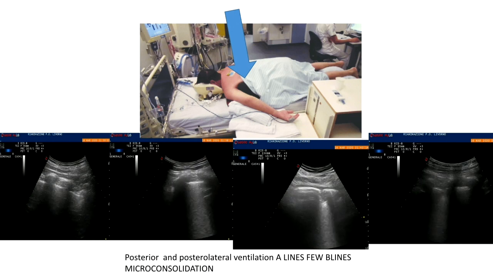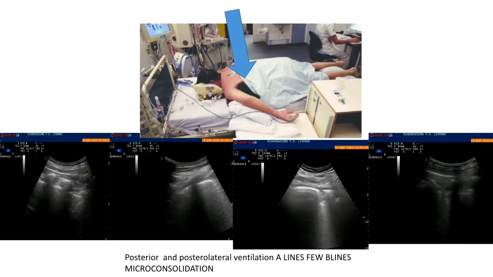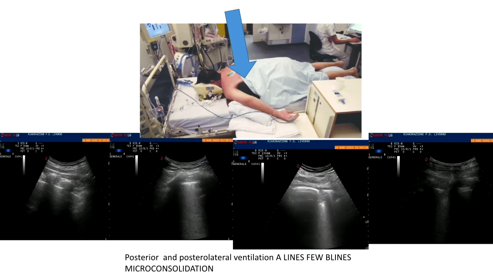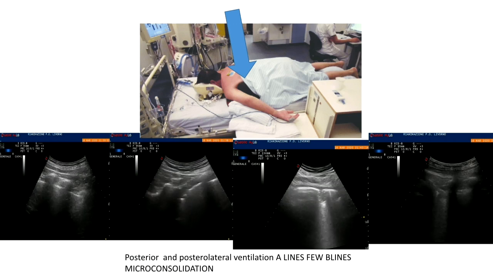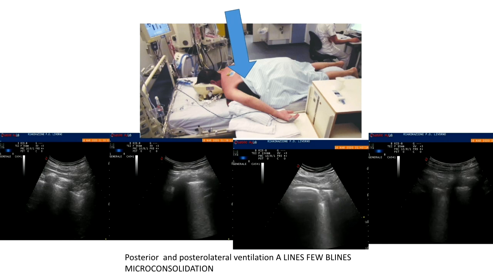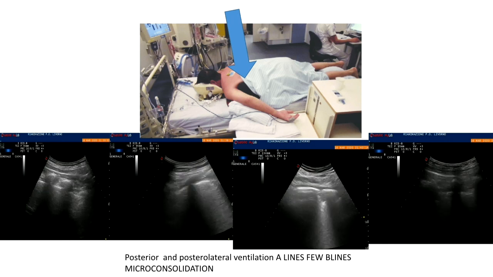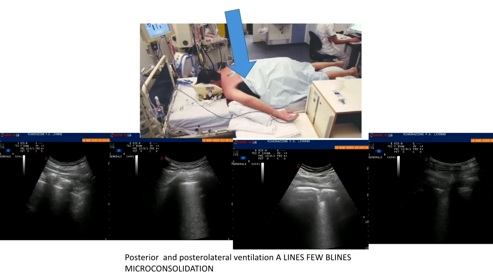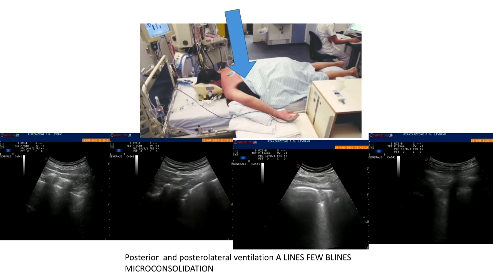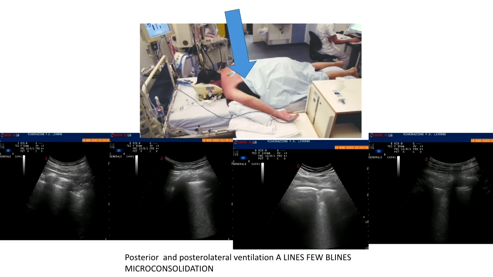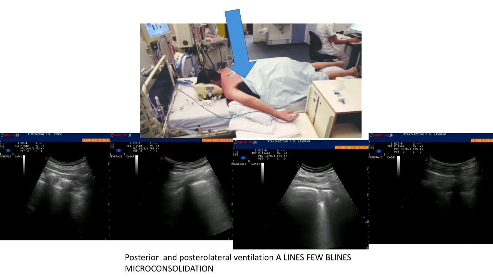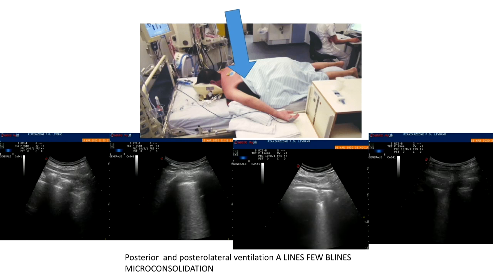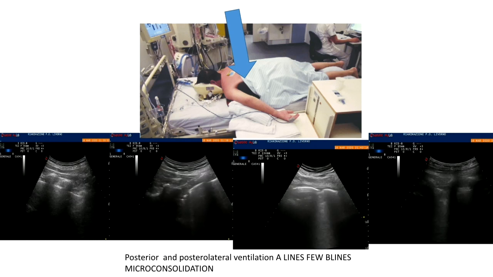And above all, another way to improve oxygenation in our patients, used in our intensive care when the oxygenation is very bad, is prone positioning. It's interesting to see that when you put a patient in prone position, you can have a recruitment of the dorsal, basilar part of the lung.